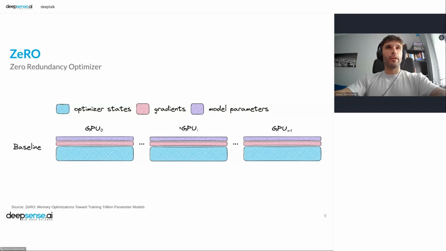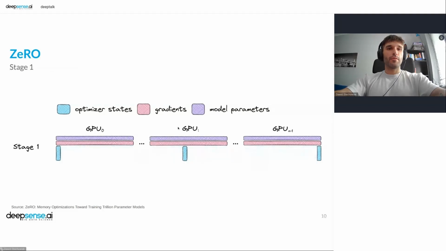So in the first stage, ZeRO focuses on partitioning the optimizer states, which cause the largest memory footprint during the training. And to show how big a saving is, let's imagine, for example, we would like to train a GPT-2 with 18 billion parameters on, let's say, 8 devices.